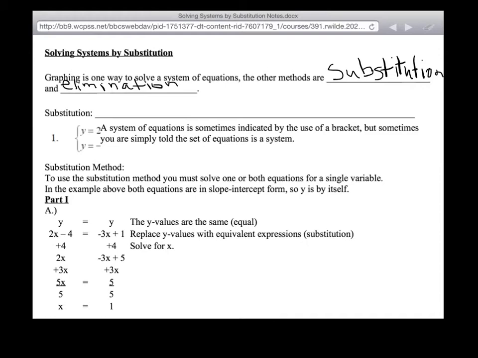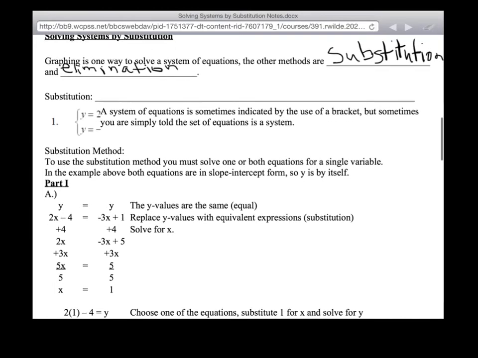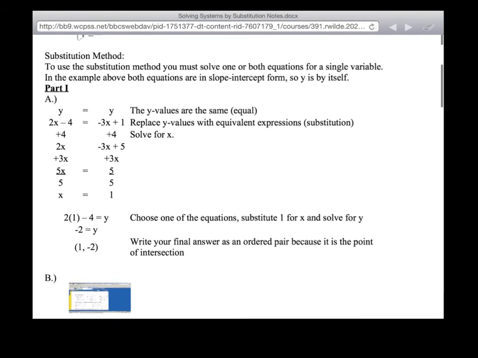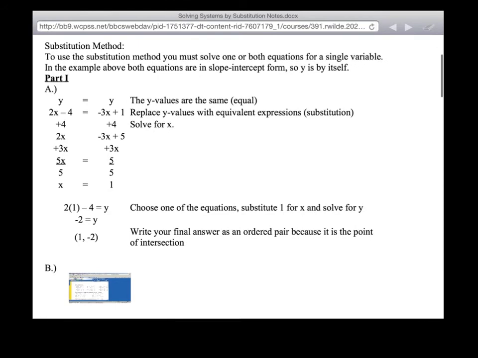A system of equations is sometimes indicated by the use of a bracket, but sometimes you are simply told the set in a system. All right. Substitution method.